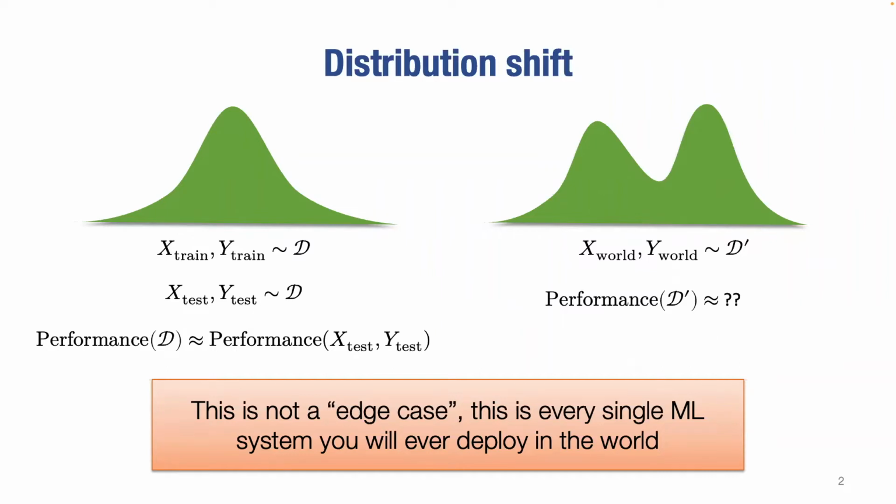Presumably the laws of physics are immutable, and so it won't change. But anytime you have any notion of data collection from the world where people are involved or things happen, this is going to happen. And the data that you evaluate on, which is what actually matters, will never match the distribution you trained on. This is just a fact of life that we have to deal with. Usually we deal with this by ignoring it and hoping these are close enough to work, but that's really the state of the art when it comes to this.